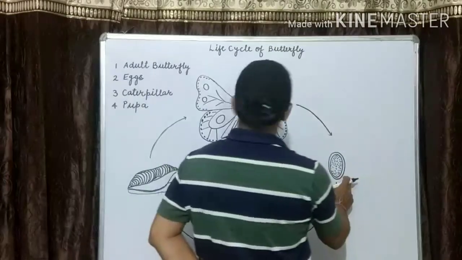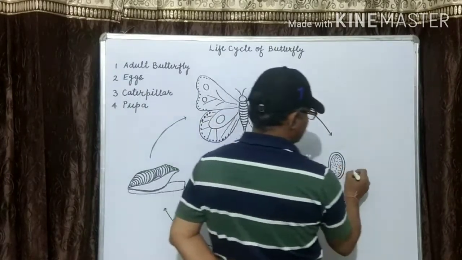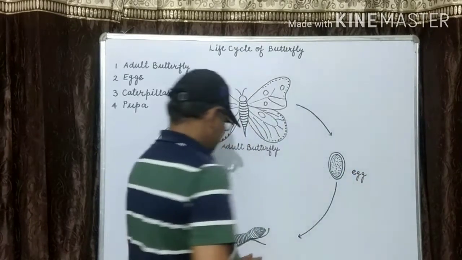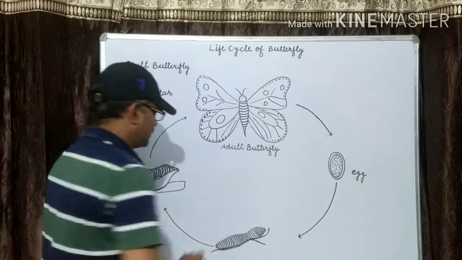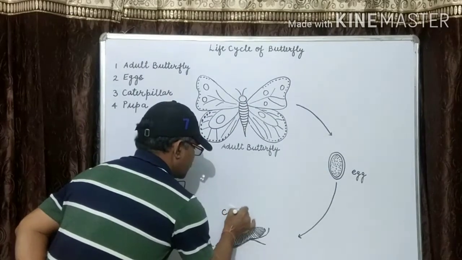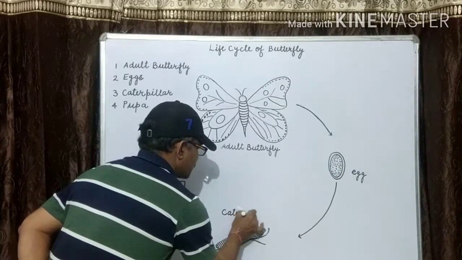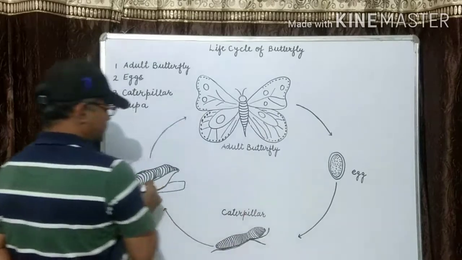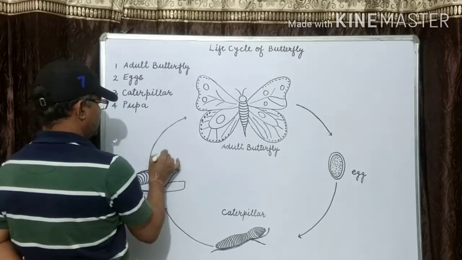What is this called? This is egg. This stage is known as caterpillar. And this stage is known as pupa.